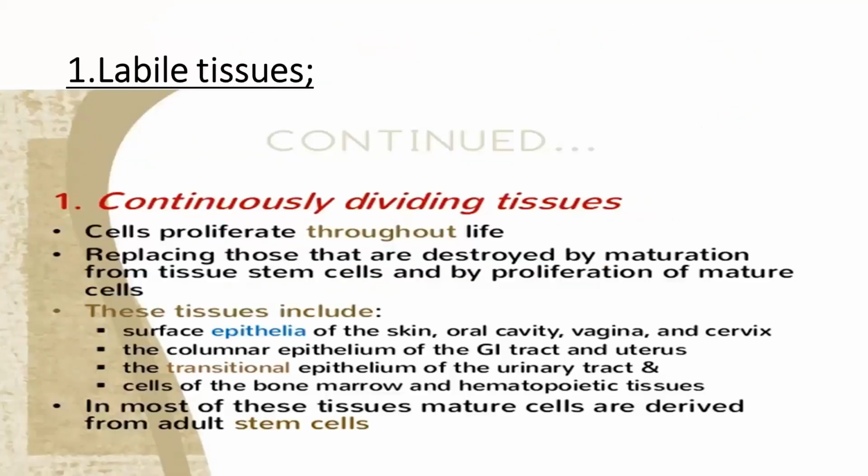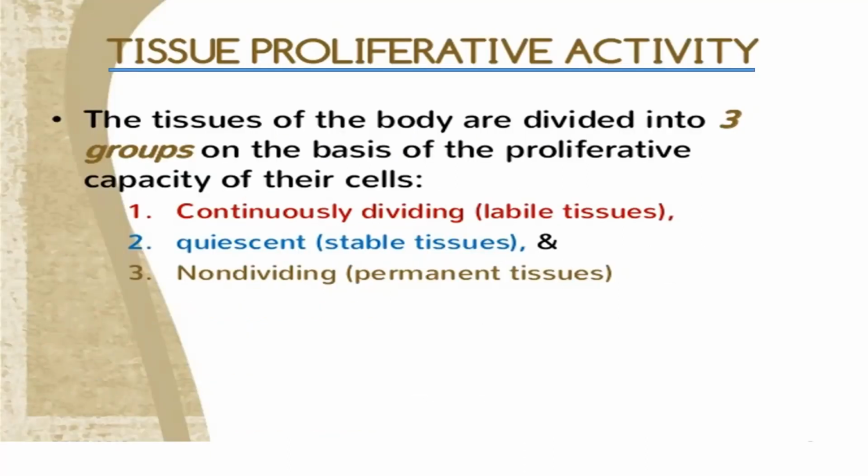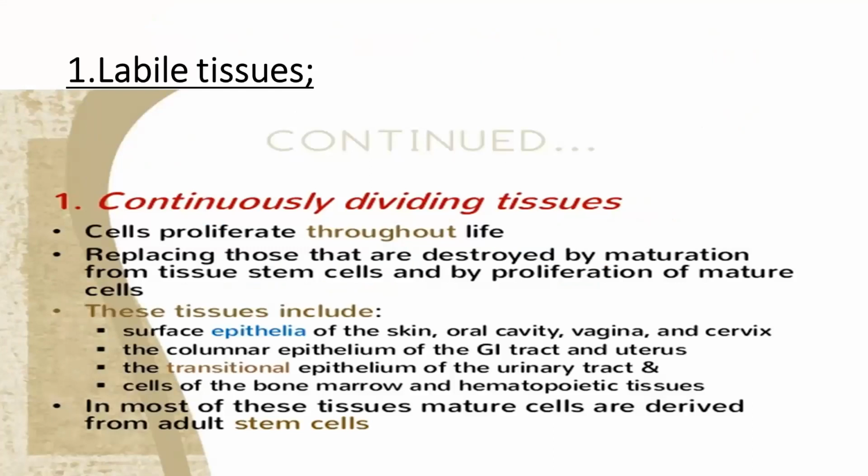The continuously dividing tissues, that is the labile tissues, have cells that proliferate throughout life, replacing those that are destroyed by the maturation of tissue stem cells and by proliferation of the mature cells.